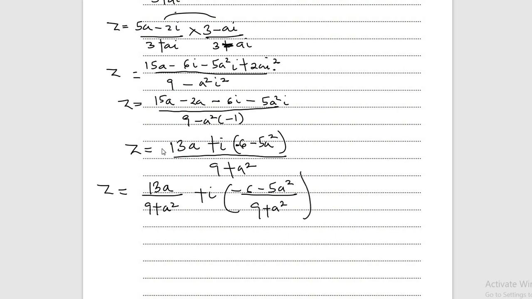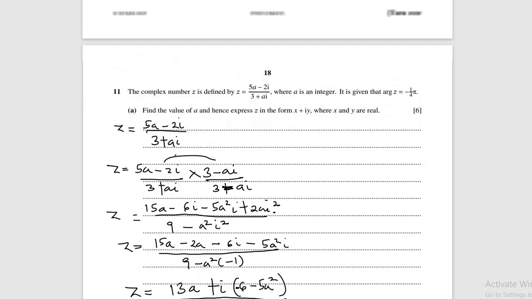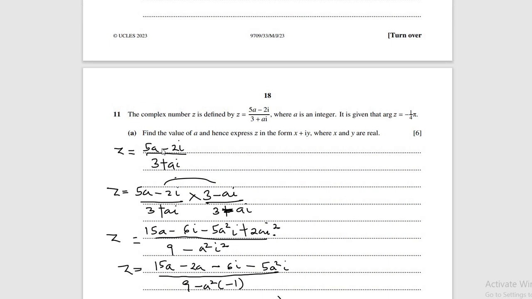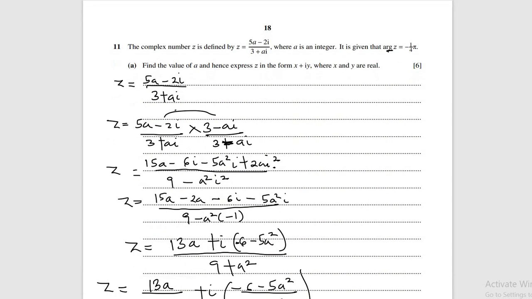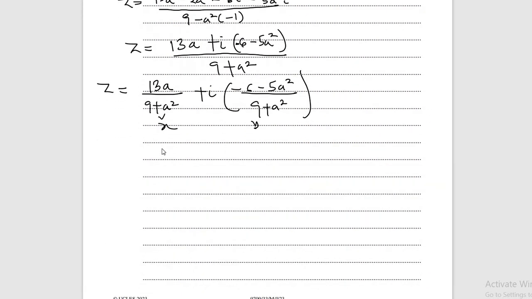I've broken it down into complex number, real and imaginary. So this is x, this is what? y. You have to break it down like that. And the question says, look at the question, that given that the argument of z is minus 1 over 4 pi, what is the formula for argument? Argument is arctan y over x.